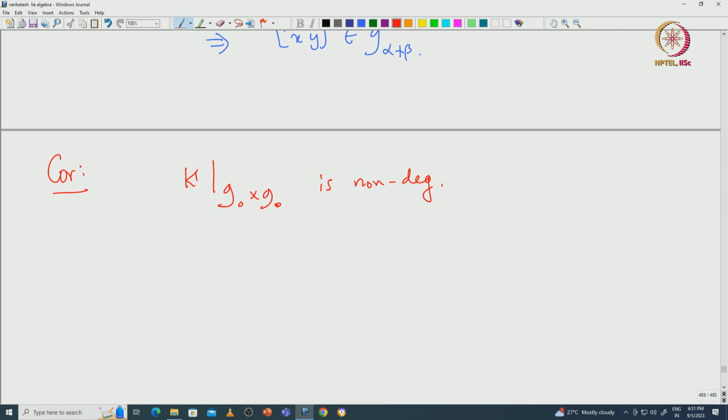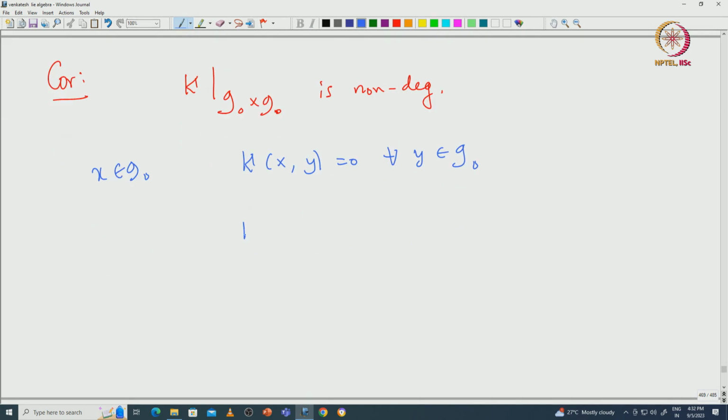Because if we take some element x in g naught which is also inside the radical, that means kappa of x comma y is 0 for all y in g naught. Then you can see that kappa of x comma g alpha is 0 for all alpha in phi, because alpha plus 0 is alpha, which is non-zero.